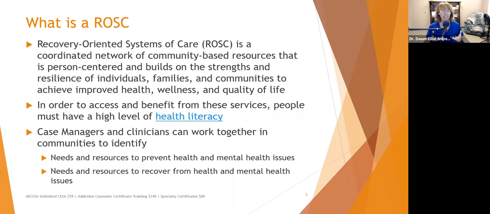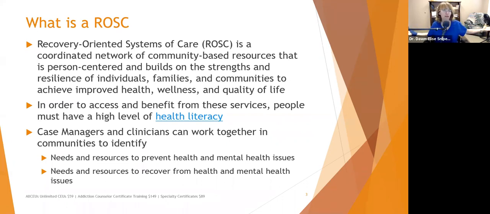But we want to look at these areas and figure out, what could people learn? What could people have known ahead of time that might have helped them prevent this problem? And we can work together to identify needs and resources to recover from the health or mental health issues that the person is dealing with now.